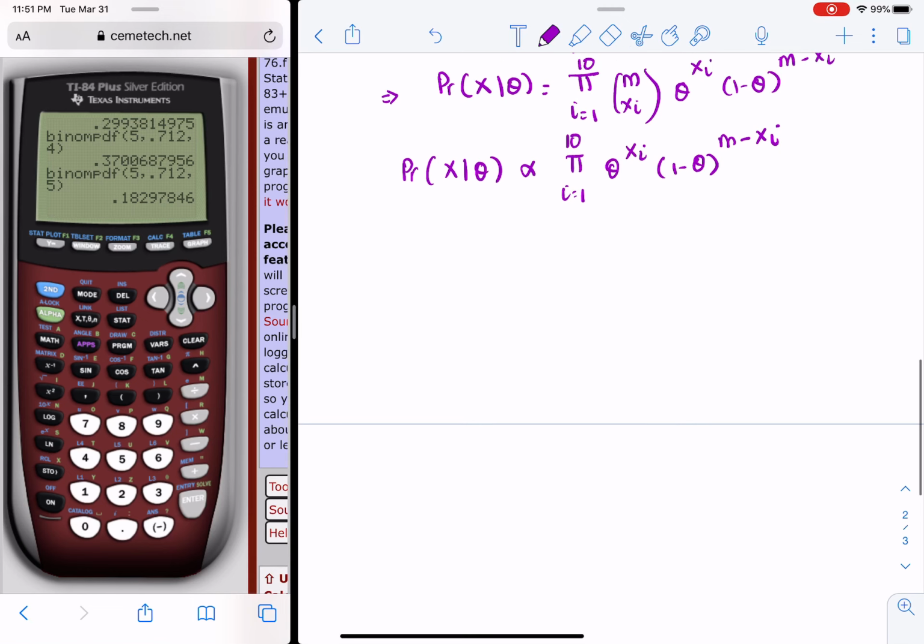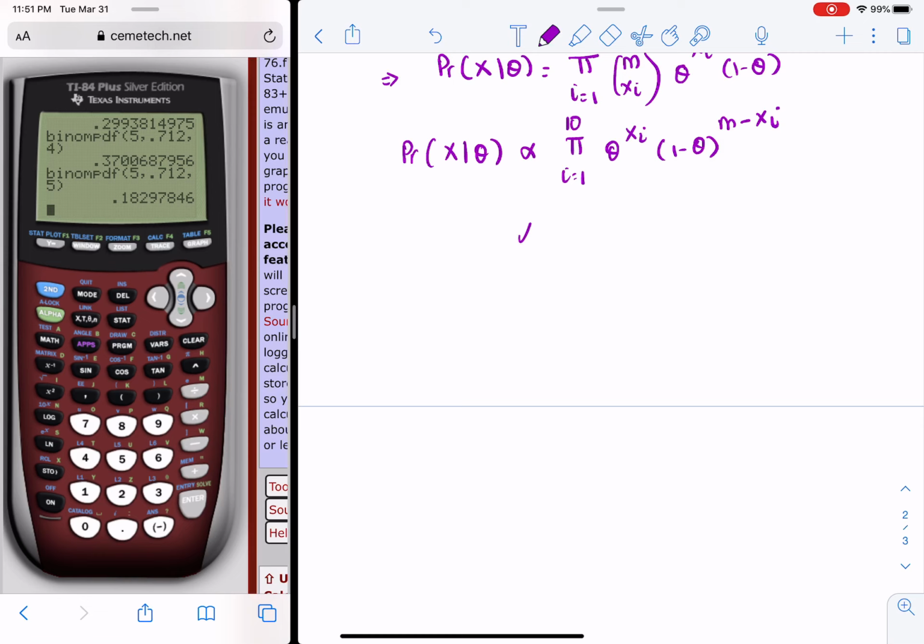So that would be proportional to, I am going to multiply that term by itself 10 times. That's what the product means. So this would become theta raised to the sum, i equals 1 to 10, of Xi. The reason being you have theta raised to x1 times theta raised to x2 all the way up to theta raised to x10.